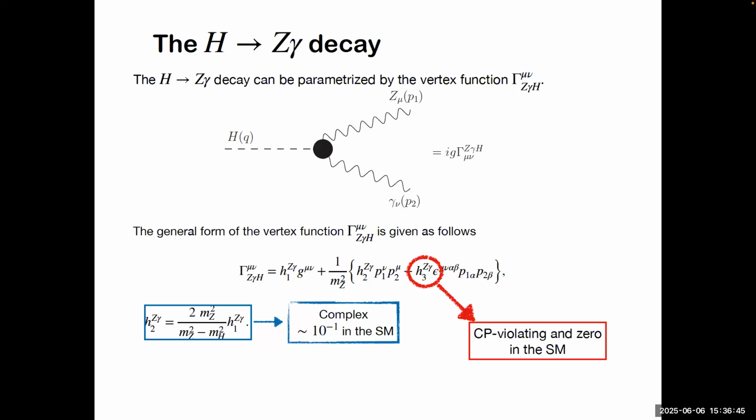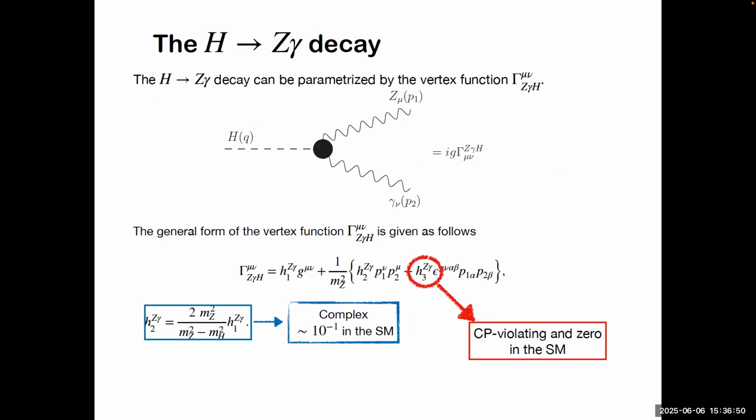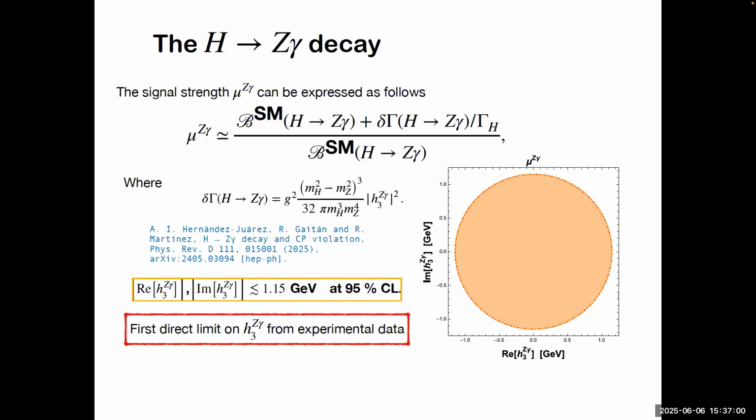The next question is, then we can assume that the form factor H3 is different from 0, and we can compute the correction to the signal observed at LHC. And here, this delta gamma represents the contribution of the CP violating form factor.